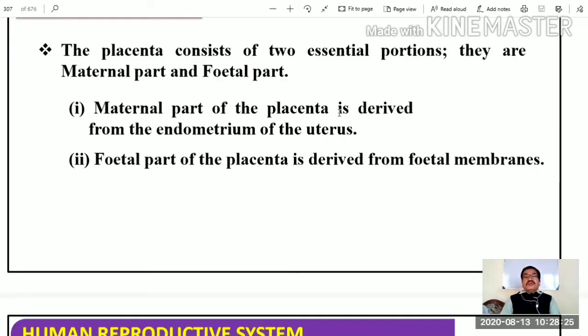The fetal part of the placenta is derived from the fetal membranes. The fetal membrane is present in the fetus and the endometrium of the uterus is present in the mother. Both parts are very important to develop the placenta.